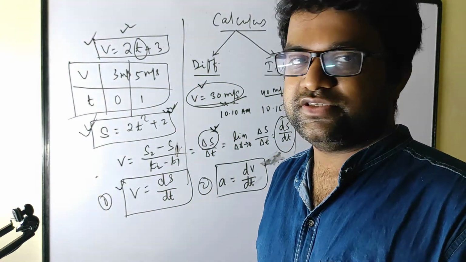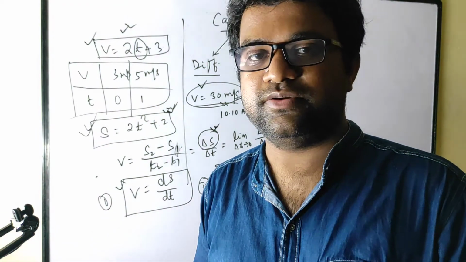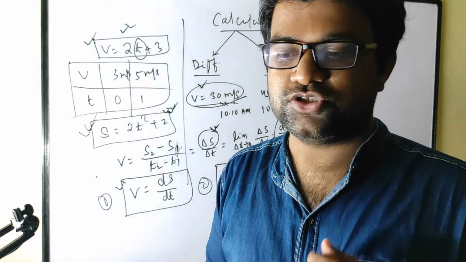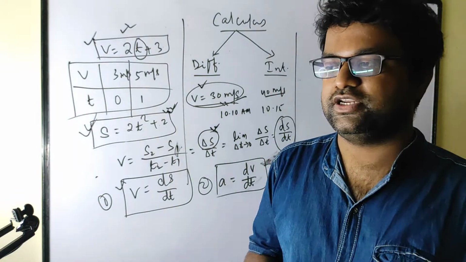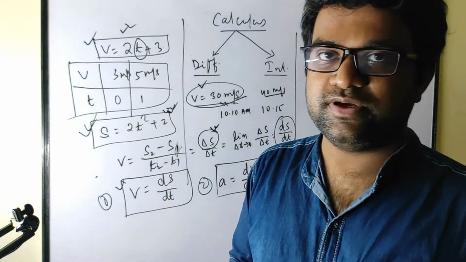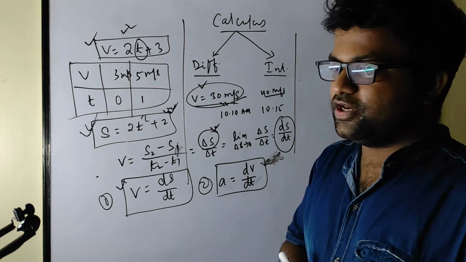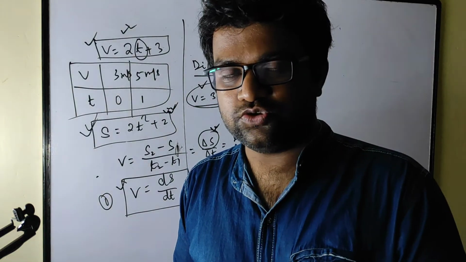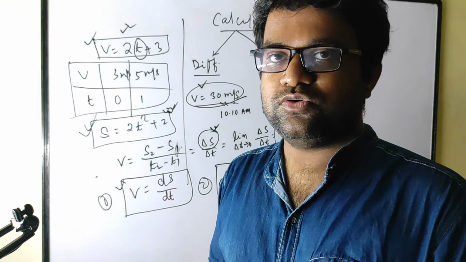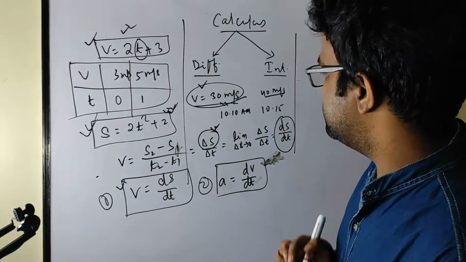The derivation techniques are in some other video, where I'll show you how these formulas come up by first principle differentiation. But today, as we are interested in solving physics problems, we'll write the formulas directly.